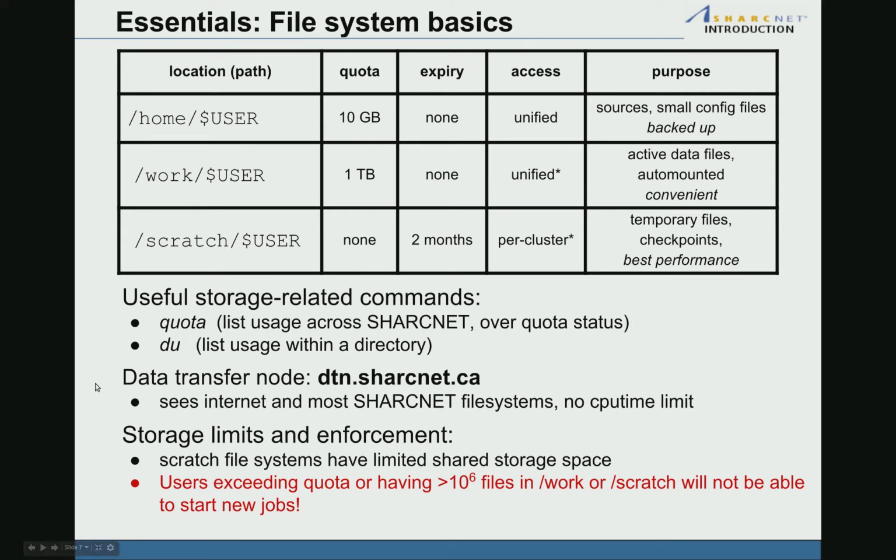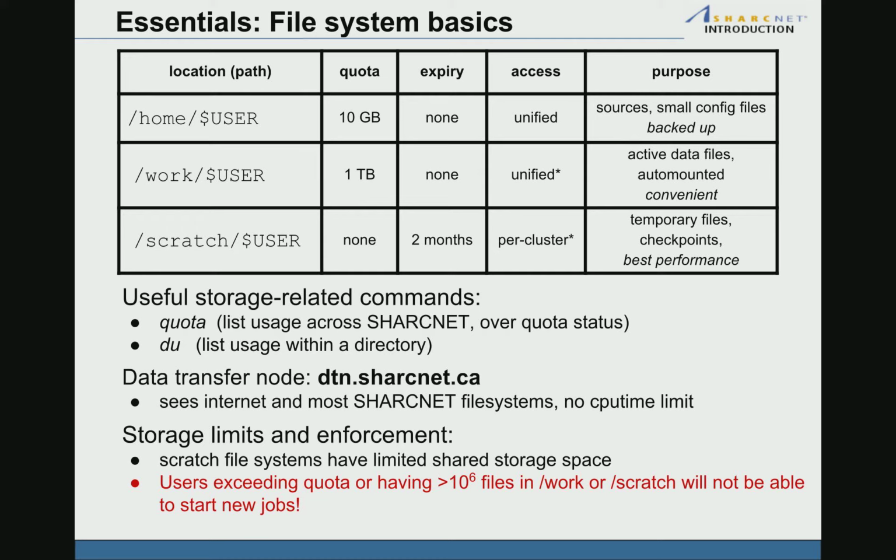You should also note that beyond the compute nodes, we have a data transfer node, dtn.sharcnet.ca. This node is important as it's useful for transferring data. It's different from the other systems in that it sees the internet and most SHARCNet file systems, and there's no CPU time limit on the system.